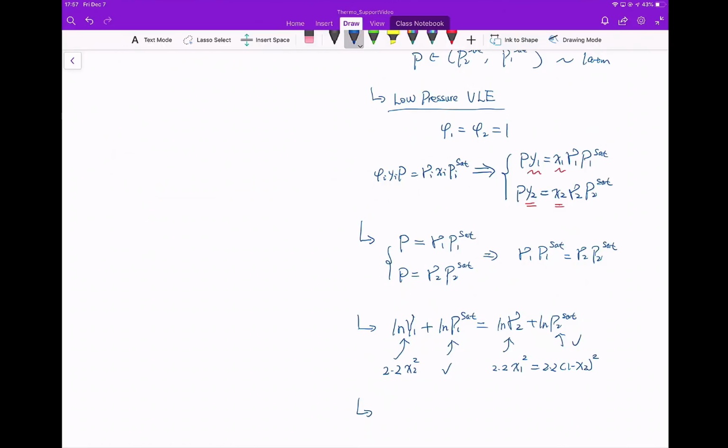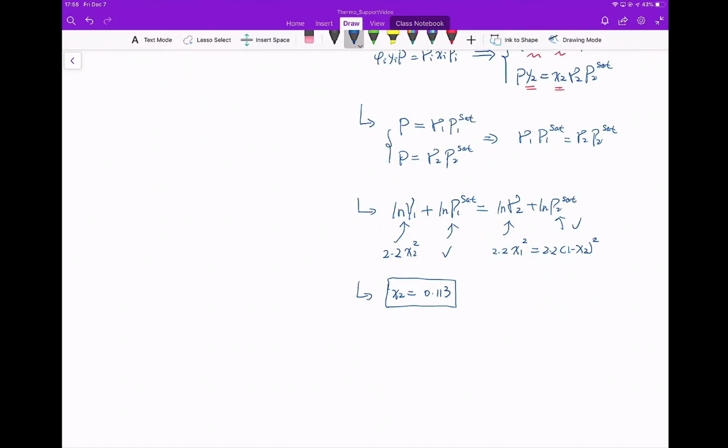So I can write this as an equation of x2 and solve for x2. Then x2 we can easily solve, and I know x1, and of course I know the corresponding y2 and the corresponding y1.